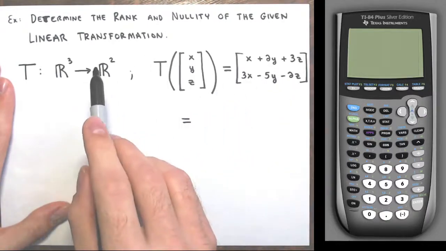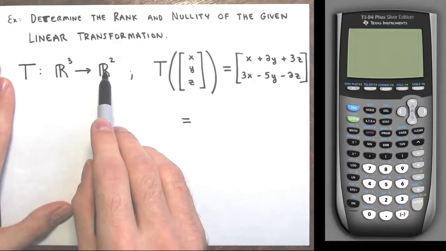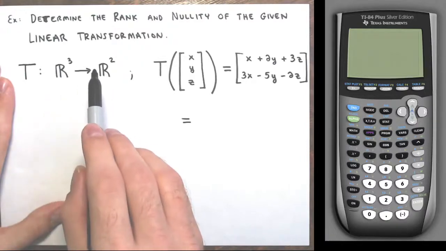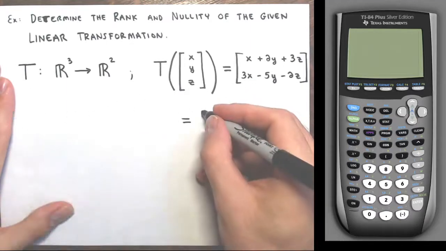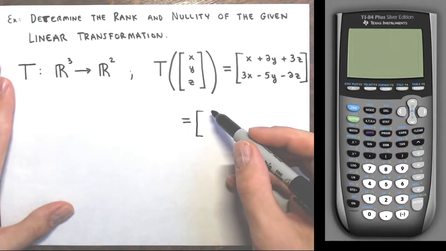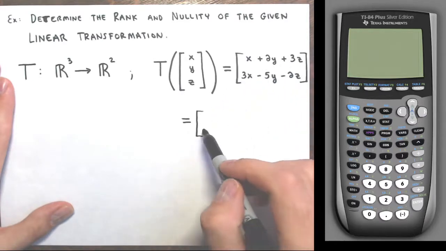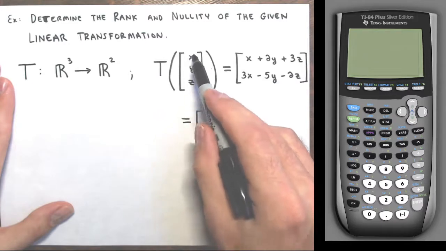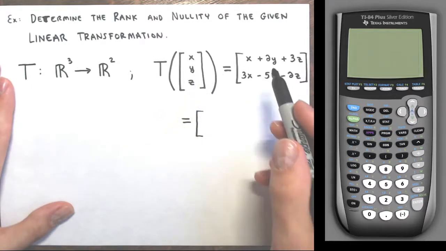Now remember, I mentioned before, the size of the standard matrix is going to be 2 by 3: the dimension of the codomain by the dimension of the domain. So I'm going to have a 2 by 3 matrix here, 2 rows, 3 columns. I'm going to rewrite this output as a matrix multiplied by the input vector. I should be able to do that if it's linear, and it is.